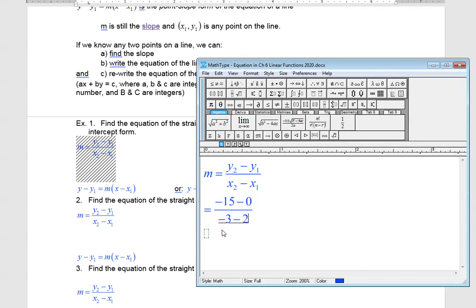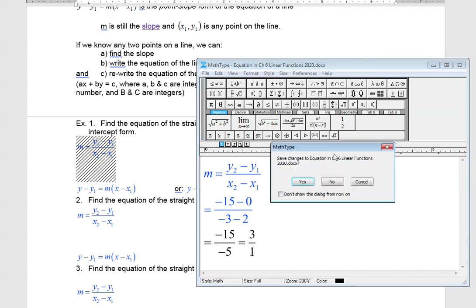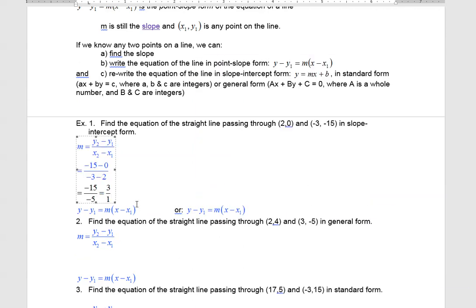Careful with your signs as usual on these. So we get negative 15 on top, negative 5 on the bottom, and 15 divided by 5, negative divided by negative, gives us a positive, so we end up with an overall answer of 3 over 1. So that gives us our slope.